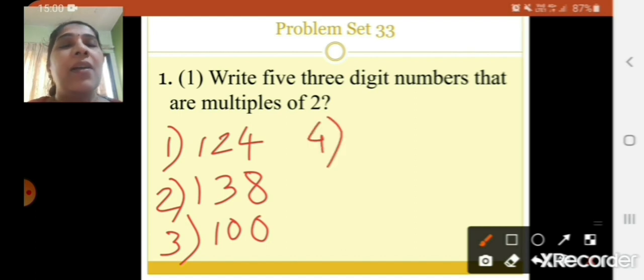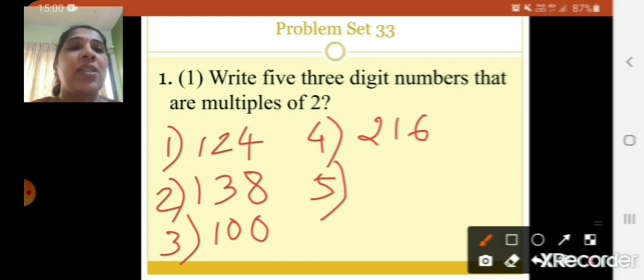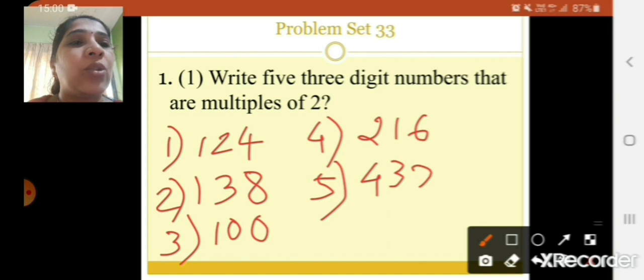Next number I will take as 216, right? And the fifth number, what will I take? 0, 2, 4. Now 2 is not there, so I'll take a number with 2. I will take it as 432, right?